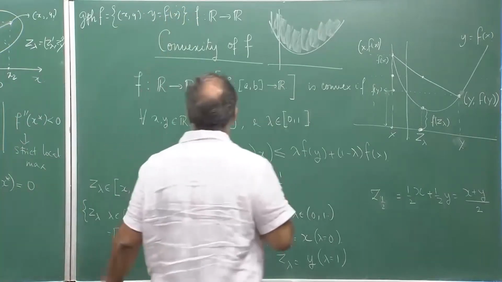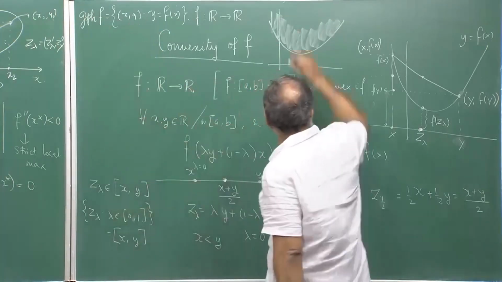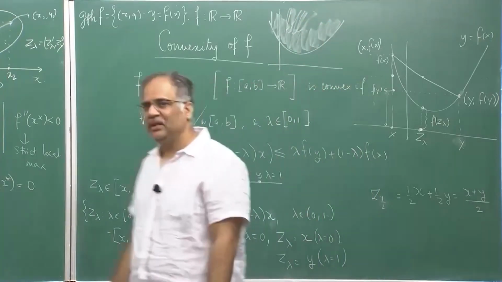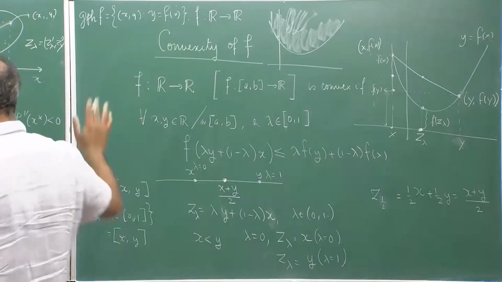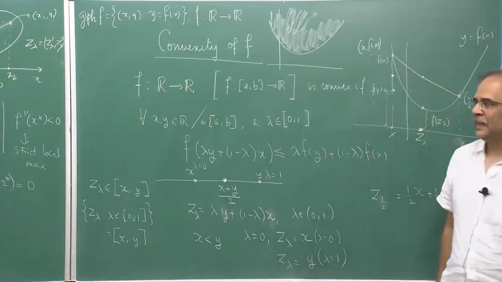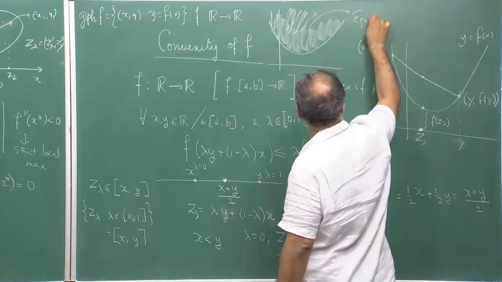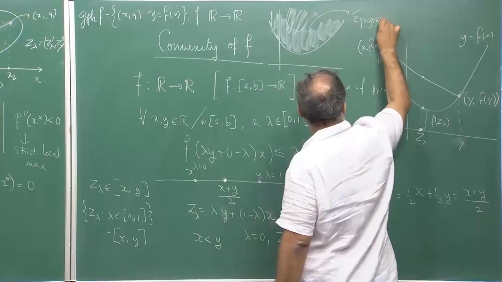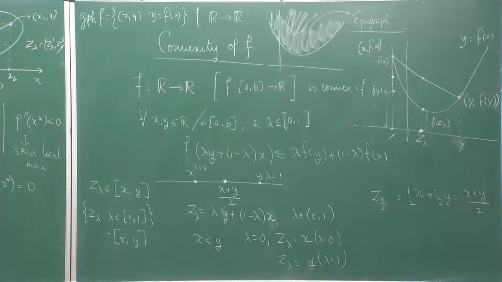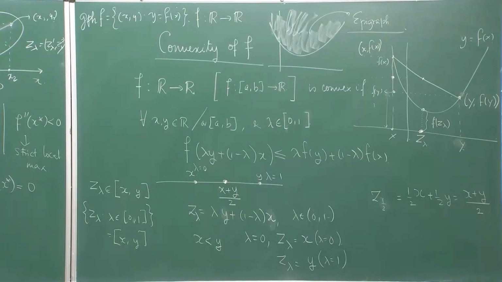This is now in 2 dimensions, in R cross R, the Cartesian plane. So if you shade this part and check whether this is a convex set, then you can immediately guarantee that the function is a convex function, and this definition exactly tells you this. And anything which is above the graph is called the epigraph. So a function is convex if and only if its epigraph is convex.